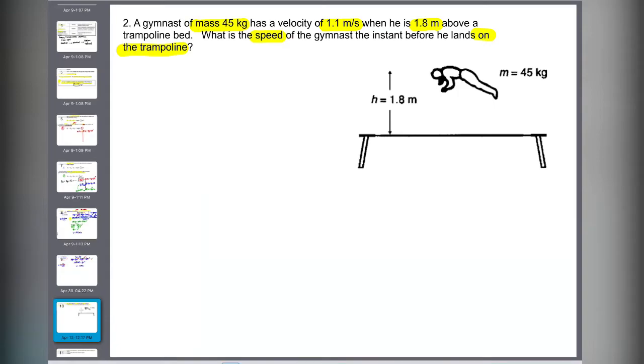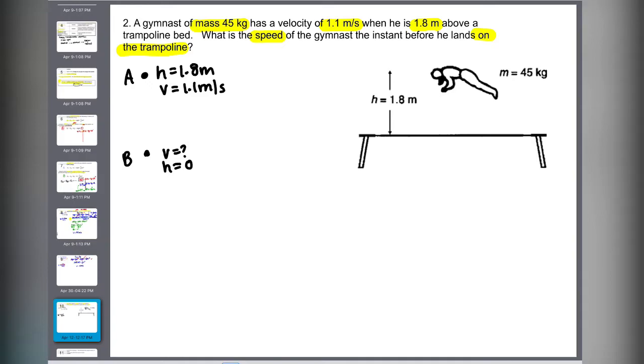So I'm just going to redraw the picture. Point A is when he is at the high point at 1.8 meters. They tell you that at 1.8 meters, the speed is 1.1 meters per second. And they would like you to calculate the speed right before it lands on the trampoline, which is the height equals 0. This is point B.